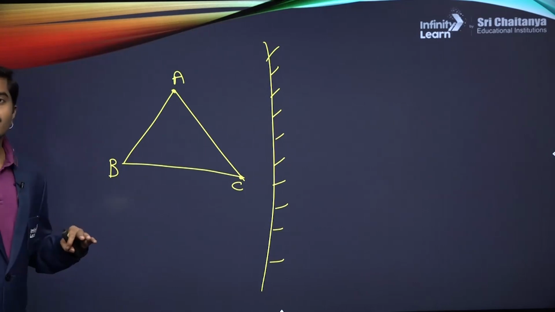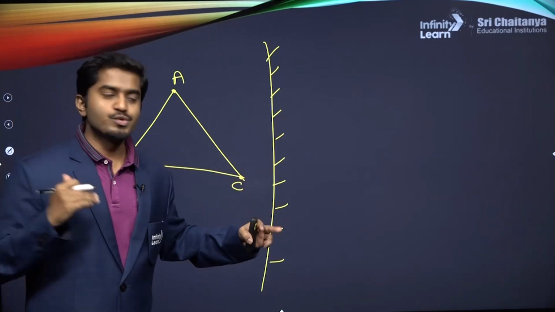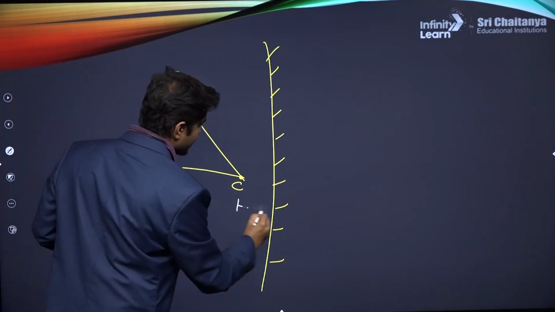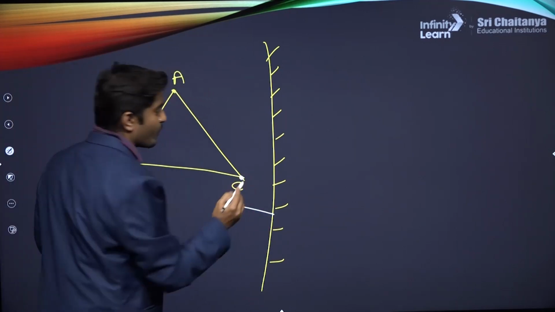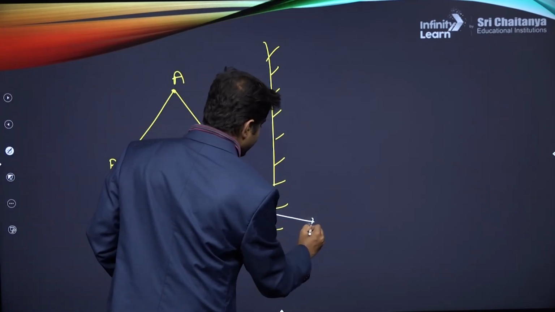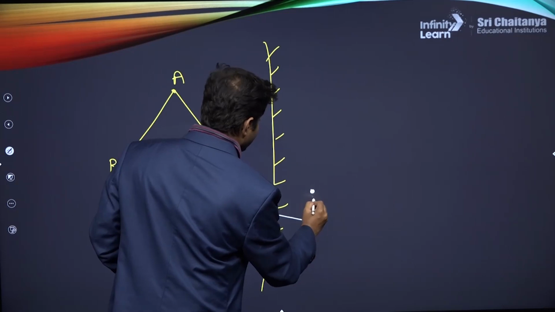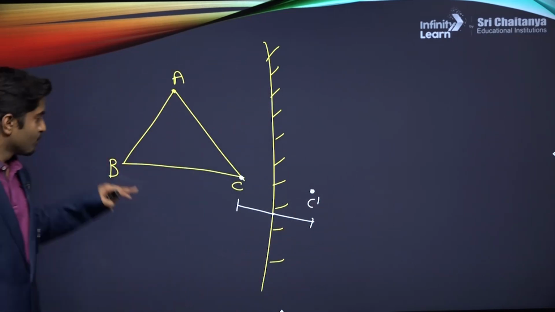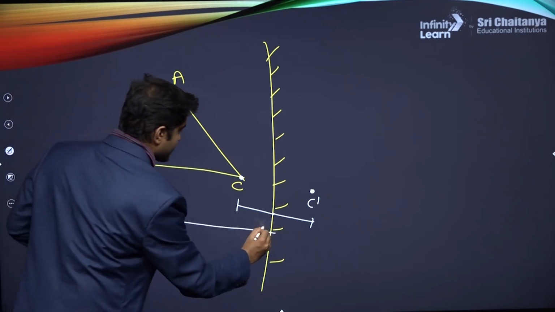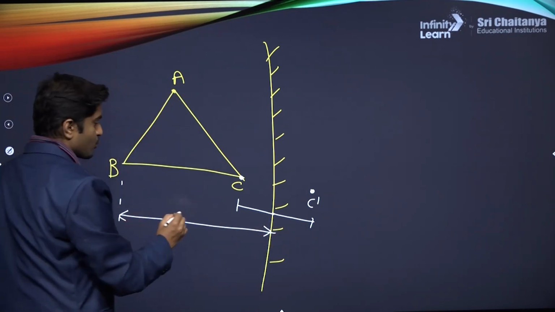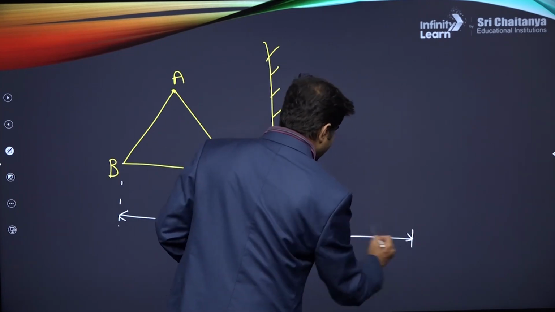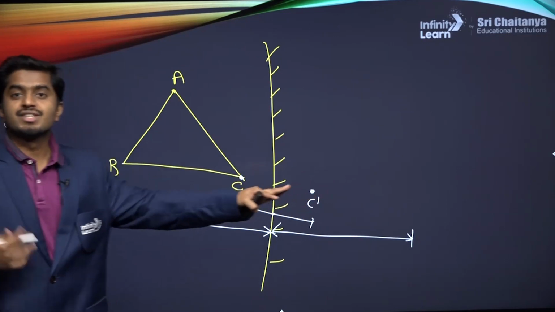So whatever we have learned till now, we are going to use that. First one is from here. What is this distance? There is an object distance for this point C. Yes, for this point C, you'll get an image at the same distance. So let's call this C prime. Now there is a point B. So this would be your object distance here. You draw exactly the same length somewhere here. This would be your image distance.